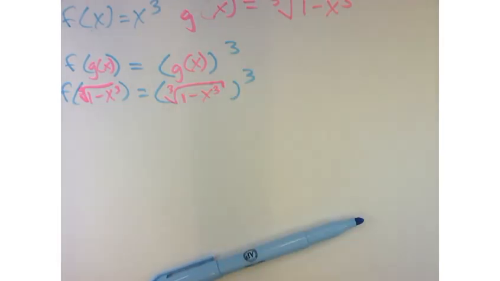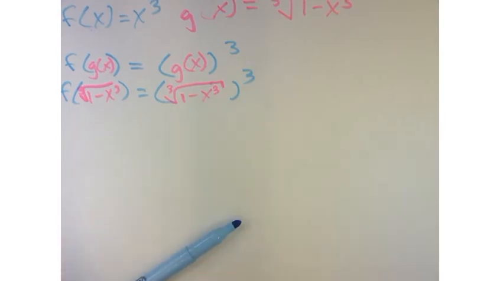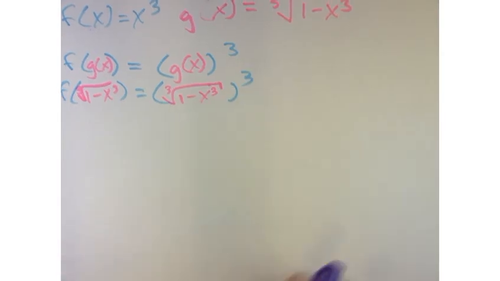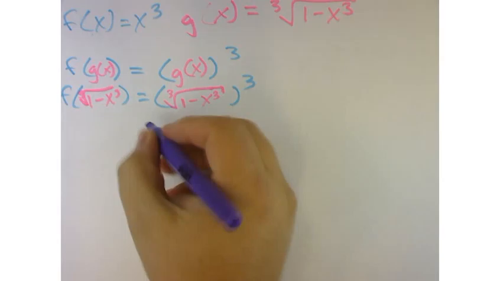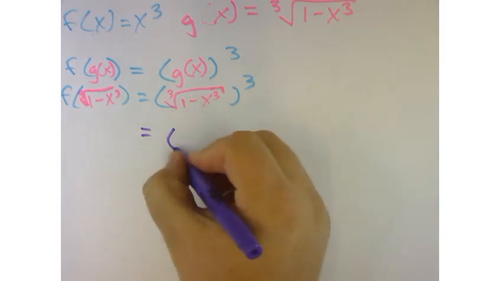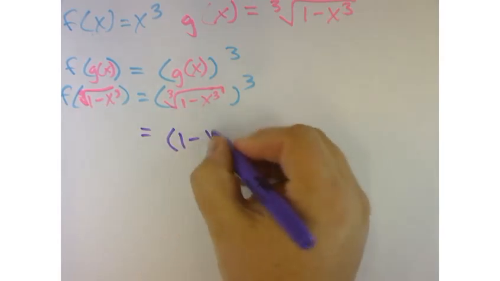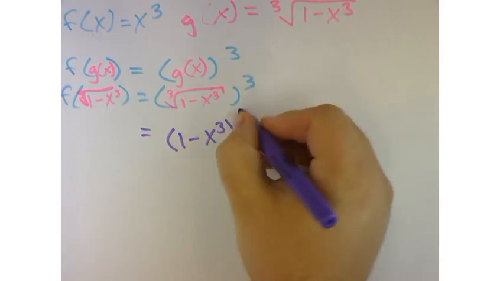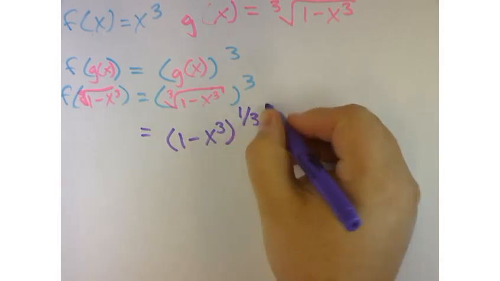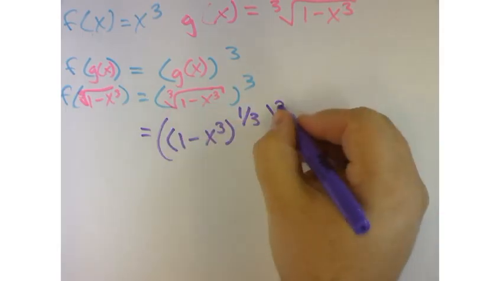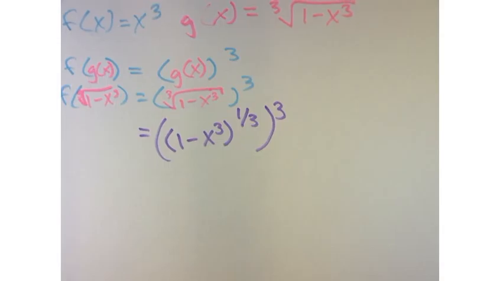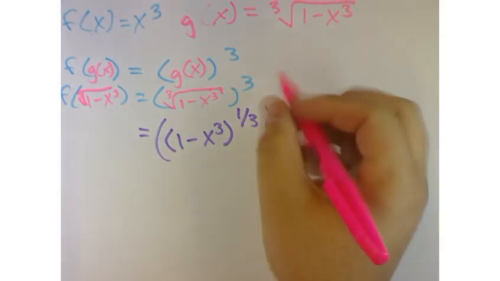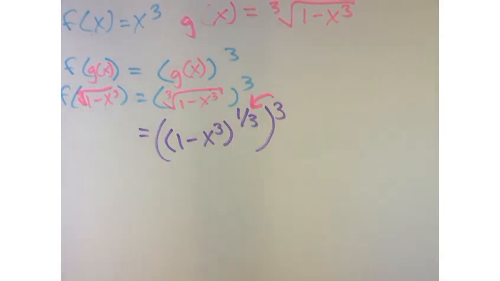So now what happens when you cube a cube root? It gets rid of it. I'm going to write this out so you guys see this using that property we just talked about. This is equal to 1 minus x cubed raised to the 1/3, and all of that is raised to the 3. So when I multiply the 3 by 1/3, what do I get? 1.